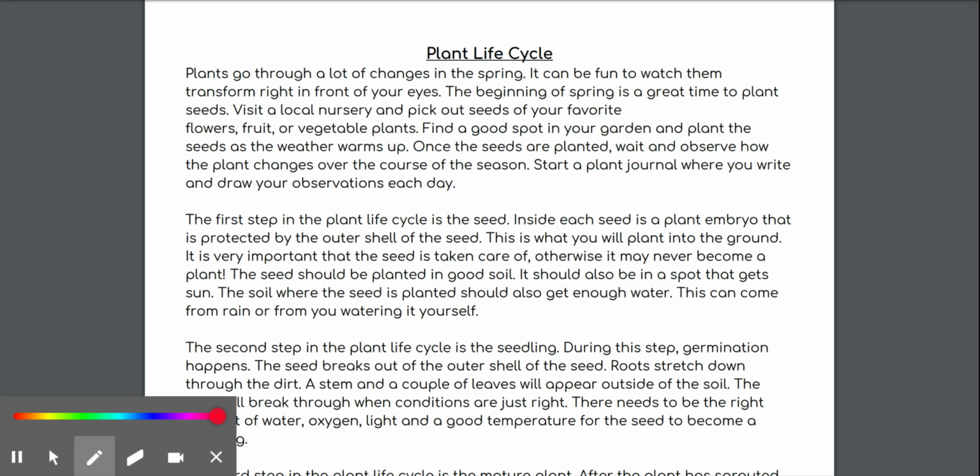And I need to underline the first step in the plant life cycle. So I'm going to look back in my reading. Oh, and I already see the first sentence of the second paragraph says, the first step in the plant life cycle is the seed. So I'm going to underline this whole sentence in red.